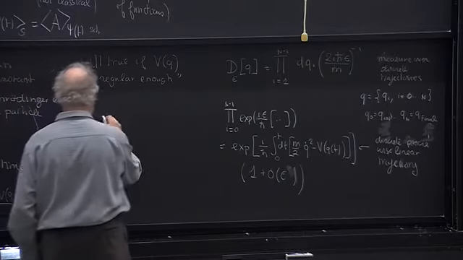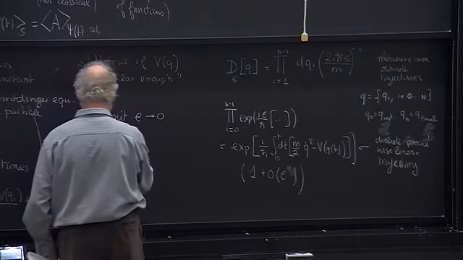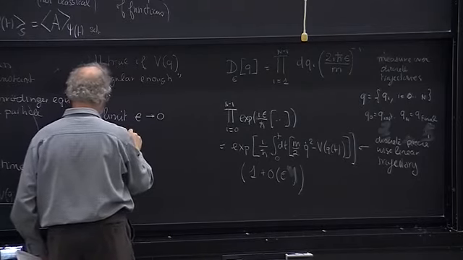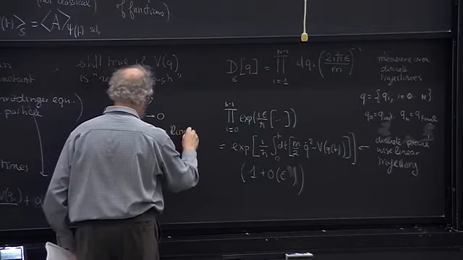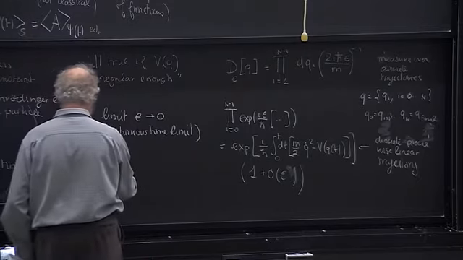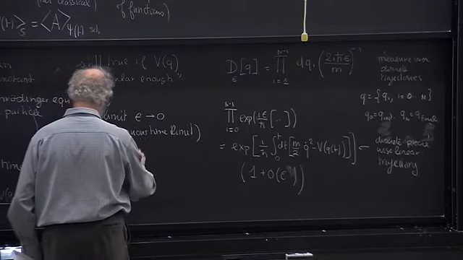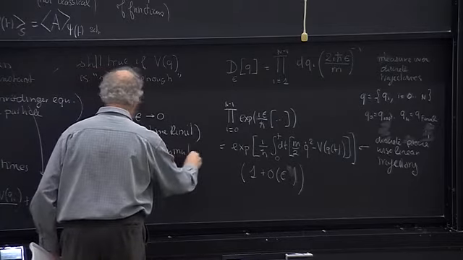So you can take the limit when epsilon goes to 0, which is called the continuous time limit. And in this limit, the path integral formula becomes exact.